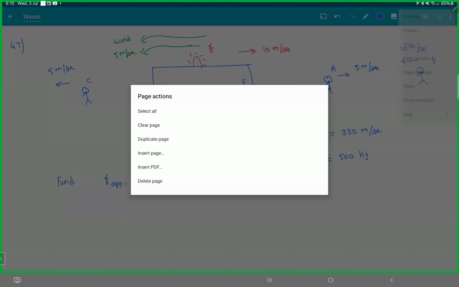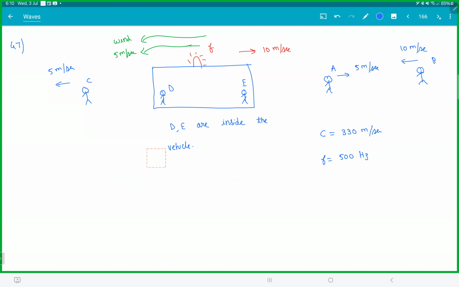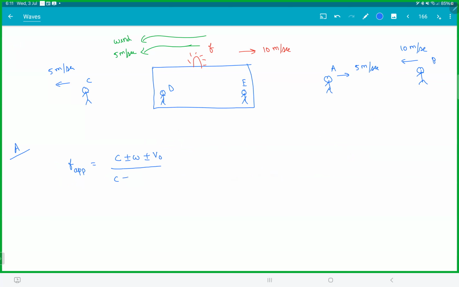Listen, I'll show you for A. So the formula for F apparent, we are doing for A, okay? C plus or minus W plus or minus V observer by C plus or minus W plus or minus V source into F. So let's be first clear, who is the source, who is the observer? The vehicle is the source and A is the observer.